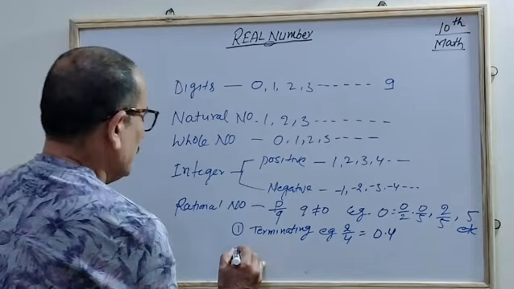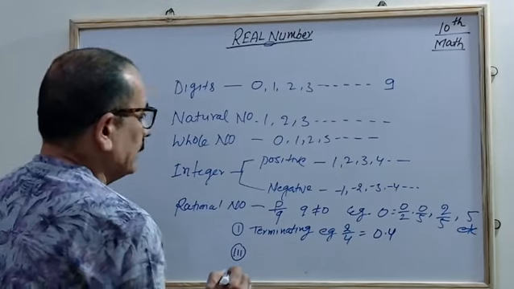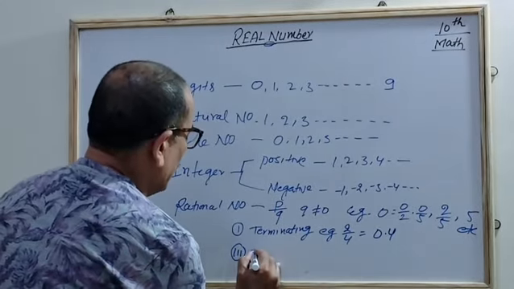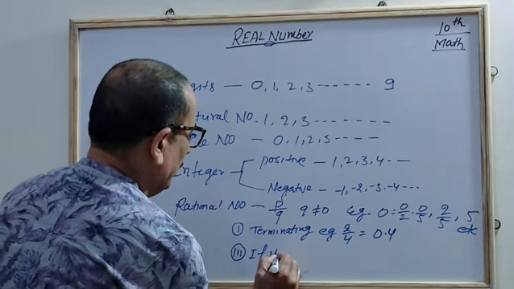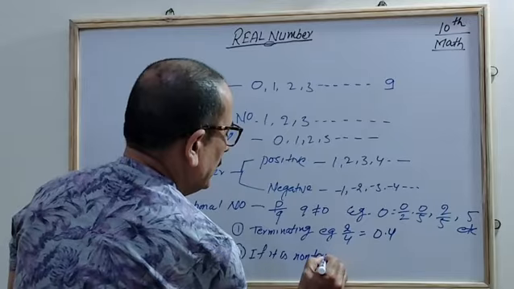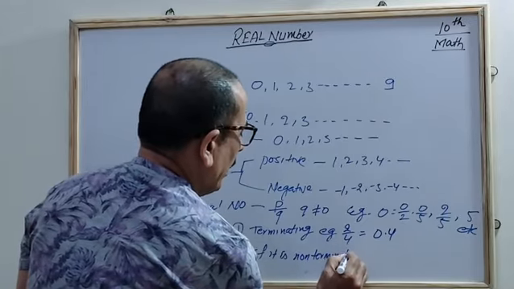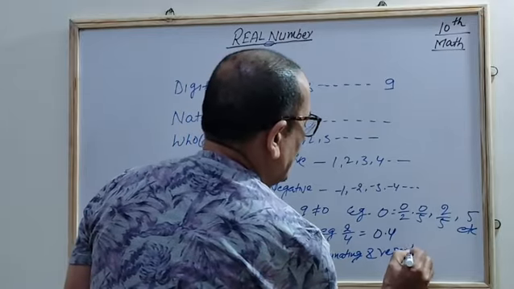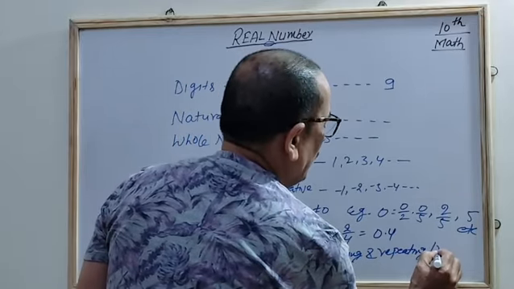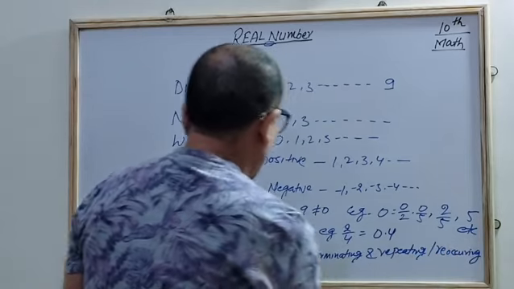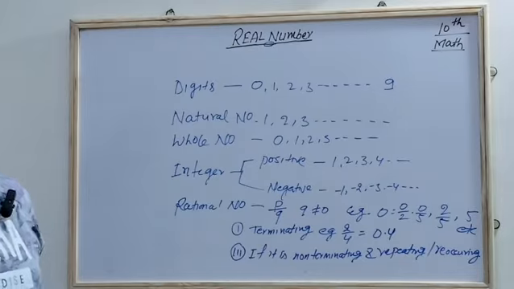Third, which can be a rational number? The third point is if it is non-terminating and repeating, sometimes we say recurring also, then also we say it is a rational number.